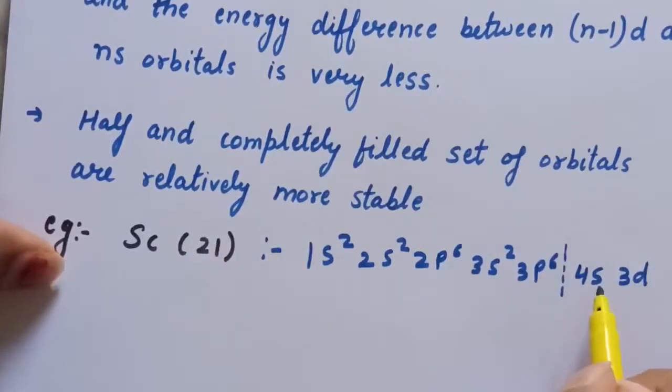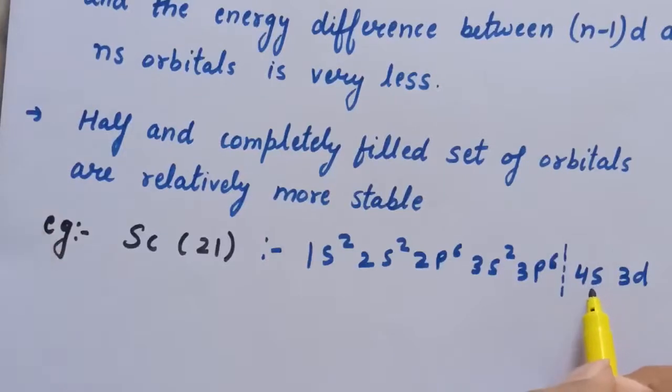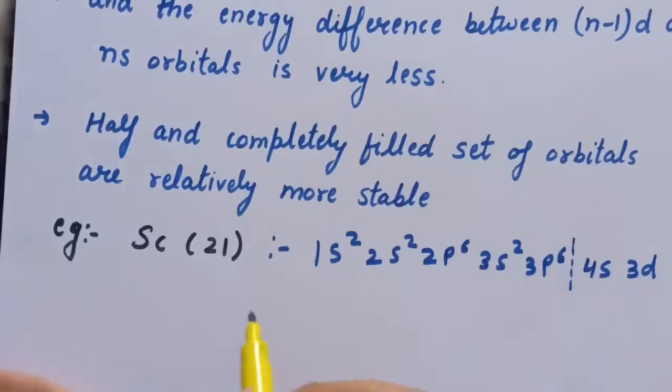So we have two choices. Either we fill the electron first in 4s and after that 3d, or we can choose 3d first and after that fill the electron in 4s. Now how to choose among 3d and 4s? This can be explained on the basis of the n plus l rule.